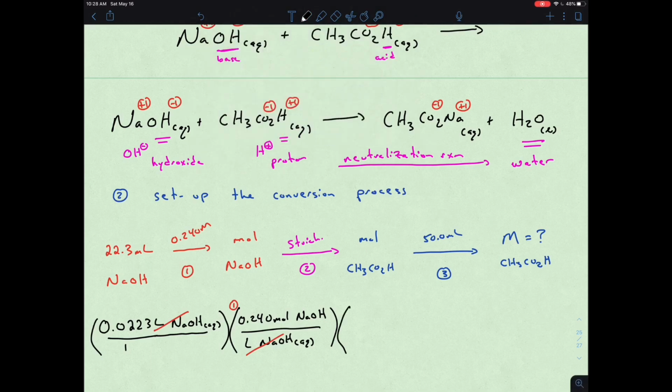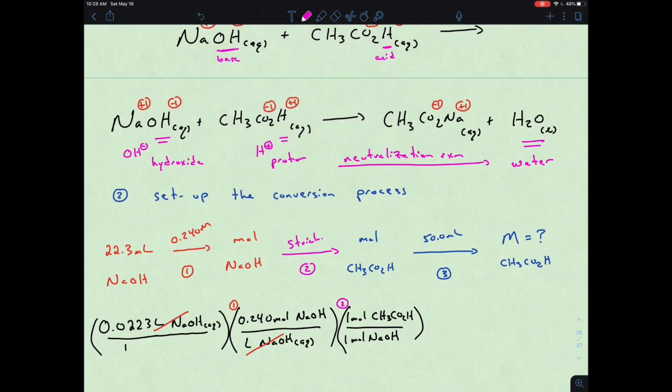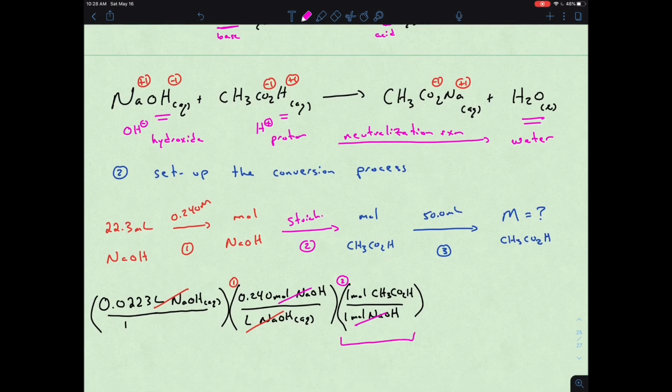Step 2, looking at the stoichiometry above, it's 1 to 1. So for every 1 mole of sodium hydroxide, that requires 1 mole of acetic acid. So that's using step 2 to go between one molecule and another. And again, there's the mole-to-mole superhighway that we've been talking so much about. And then we have our final step, which is now getting back into concentration.